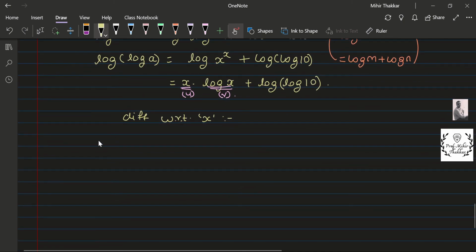The value of log y will be 1 upon log of a into derivative of log a, which is 1 upon a into dA upon dx. Guys, I am directly writing the answer.